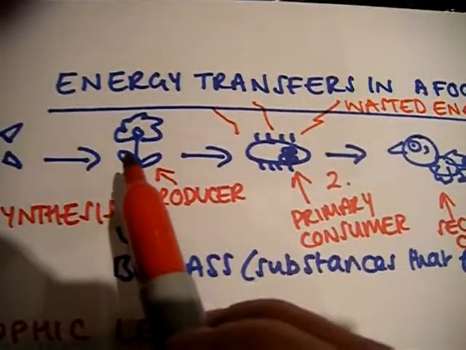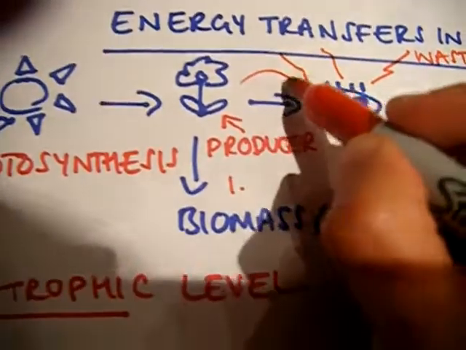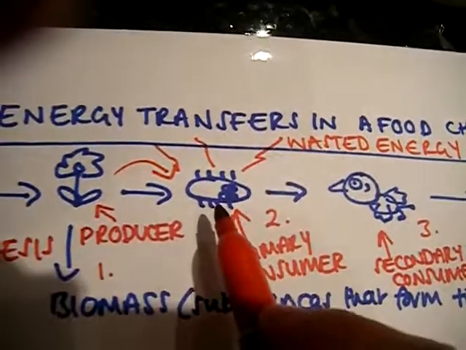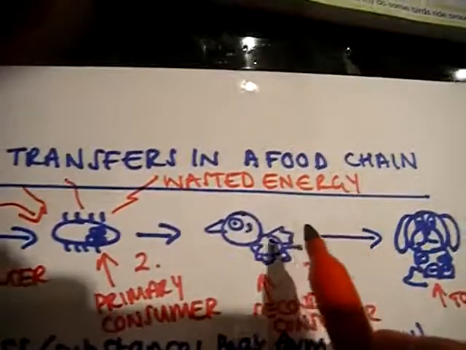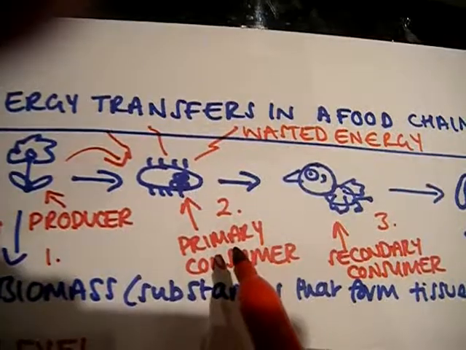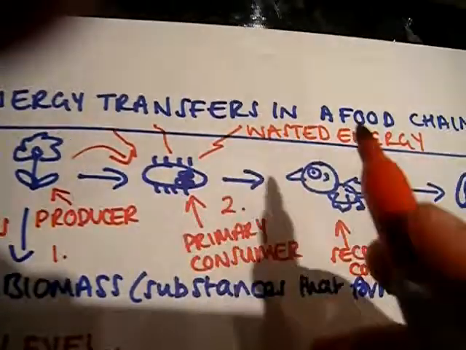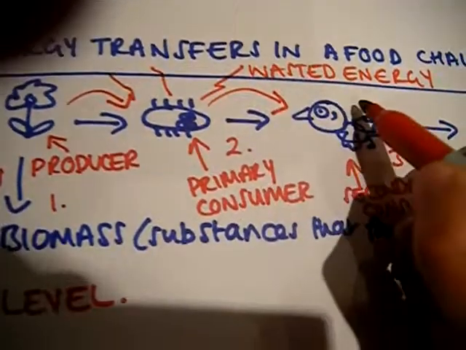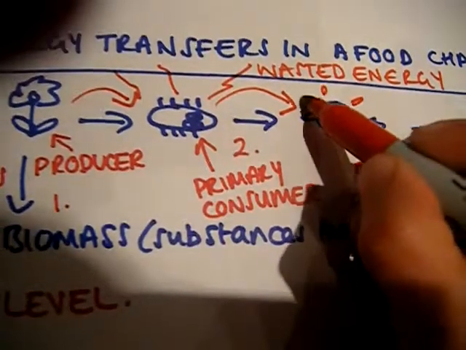So most of the energy from the plant goes into the bug, but some is wasted as heat as the bug starts to move. The bird, which is the secondary consumer, eats the primary consumer, which is the bug. Most of the energy again from the bug will go into the bird, but some will be wasted as heat.